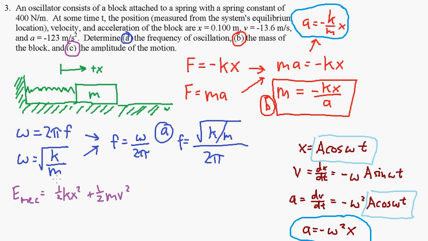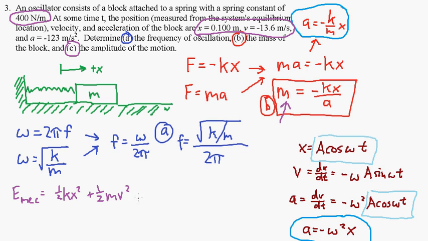I'm just not writing the whole thing out this time, but it should be familiar by now. So then what you're going to have to do is plug in these values. At this point we know k, we know m, we know x, and we know v at this one point in time, right? So you take these two as well as your k, and we got m here.